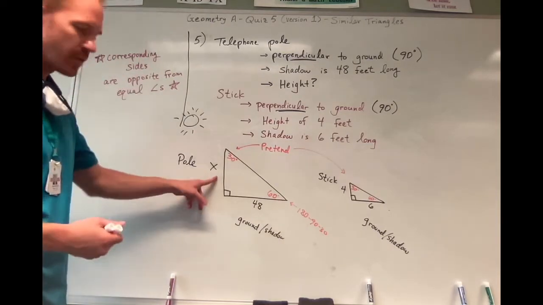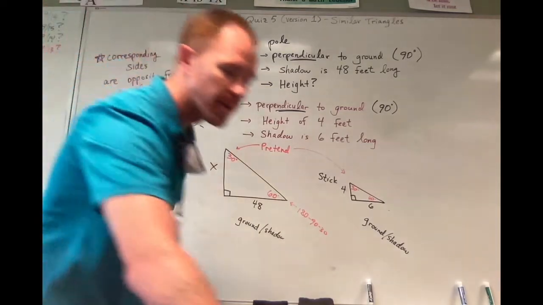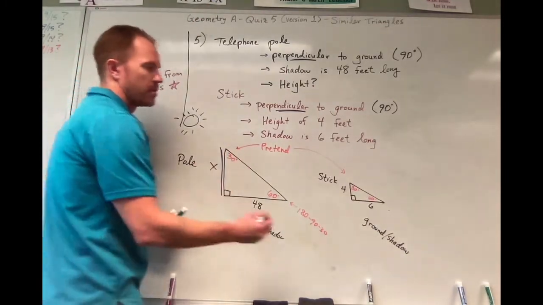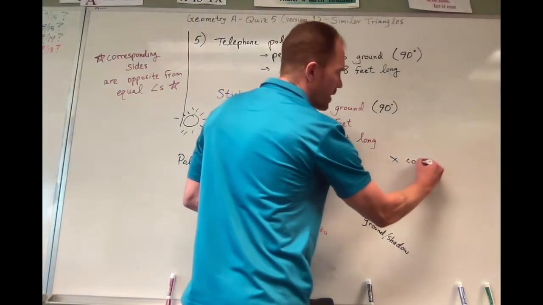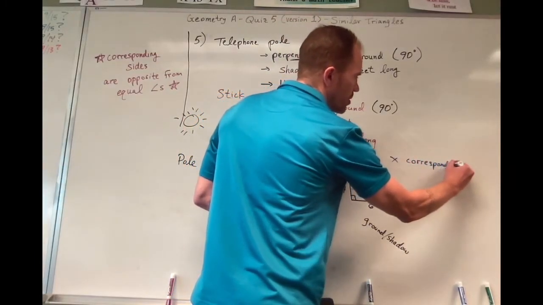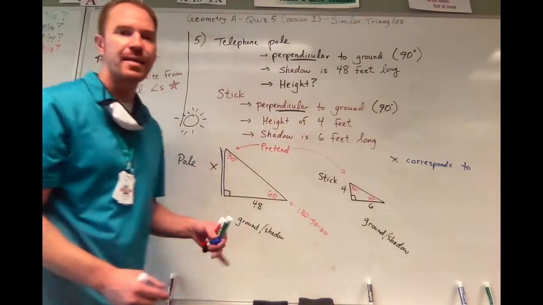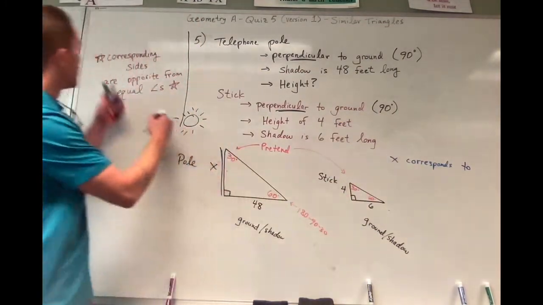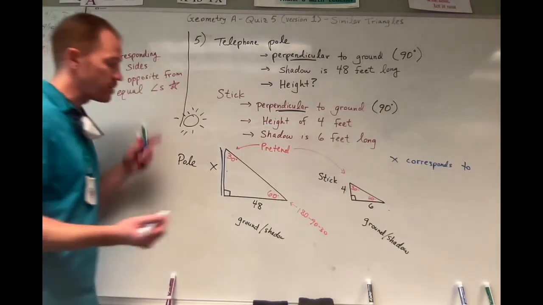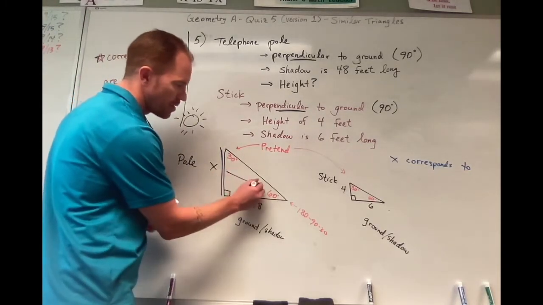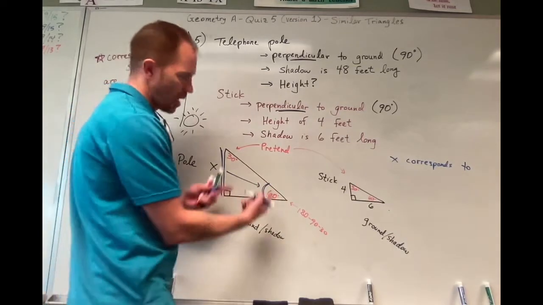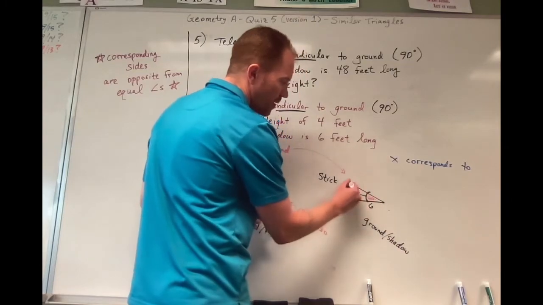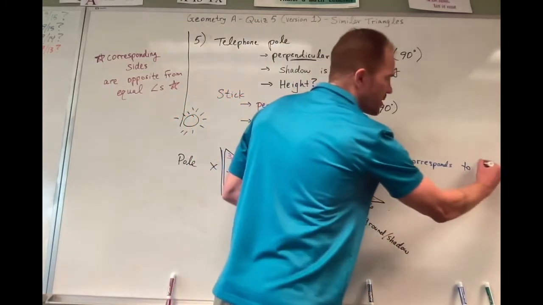If we're looking for X, I would say, all right, if we do X in blue, X corresponds to a side over here. Well, remember, corresponding sides are opposite from equal angles. So this side is opposite from a 60-degree angle, I'm pretending it's 60 degrees. This 60-degree angle over here, 4. X corresponds to 4.